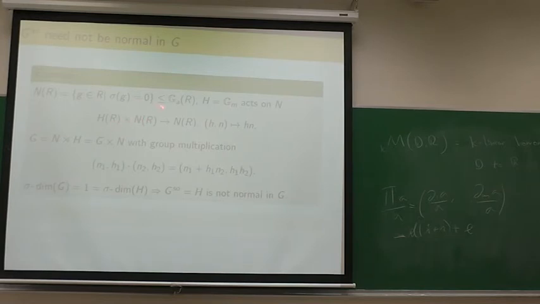Here we look at this difference algebraic subgroup N of the additive group, and as H we take the multiplicative group. You have an action of H on N by scaling, and so we can form the semi-direct product, which is then given by this multiplication.